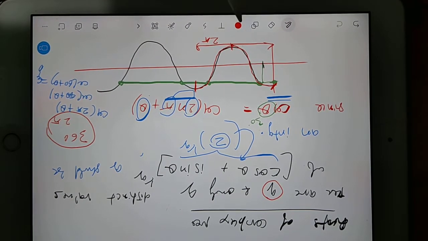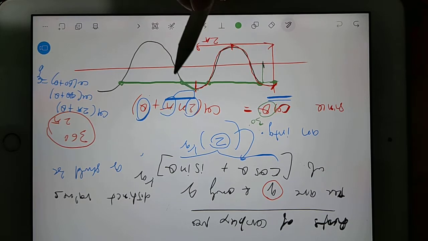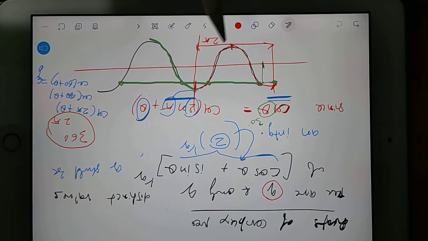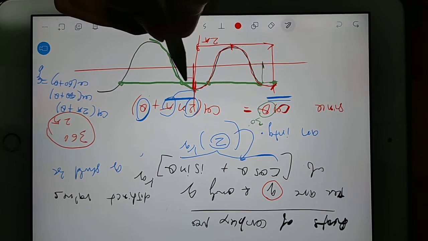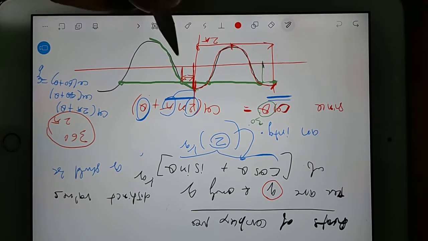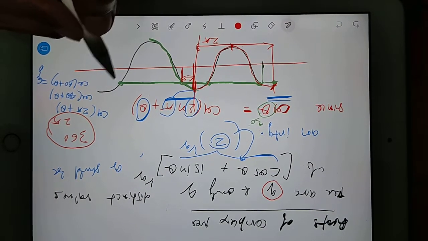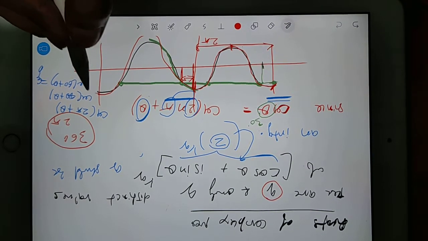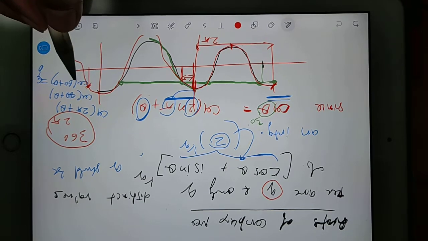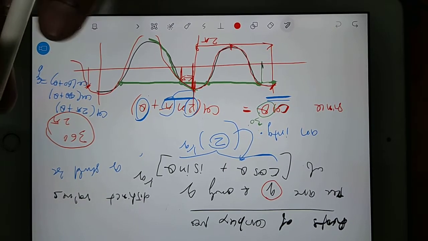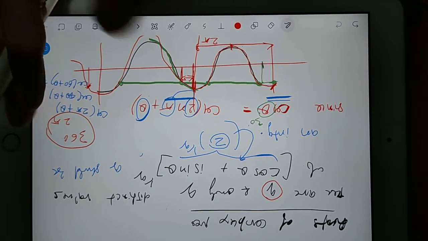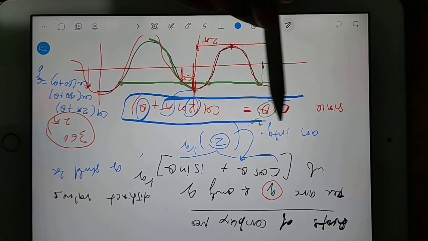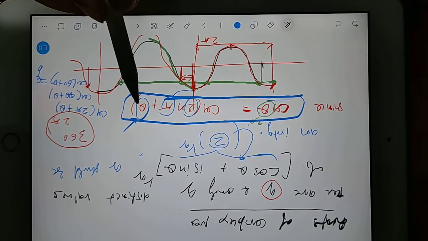After that, you start your graph again from here. So here you put a new coordinate, and this behaves like a new cos theta. Then again this curve will get over here, and again from here you will start a new cos. So again cos theta. That's why they are all equal to cos theta.